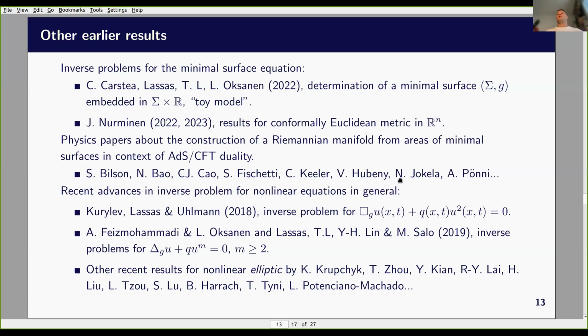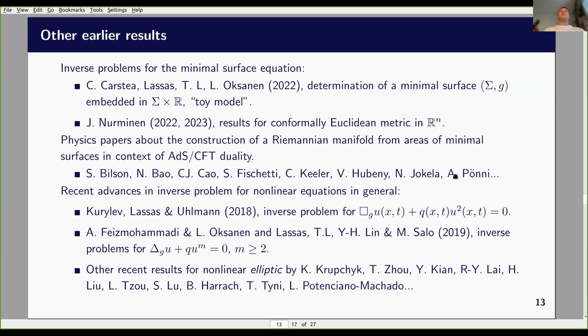And now a happy coincidence happens that actually this is Niko Jokela, who is from the same university as me, but he happens just accidentally to study the same problem in the physics department. So now I'm collaborating with Niko at the moment. Arttu Pönni is also a Finnish guy. He's at Aalto University, which is another university in Helsinki, Finland.